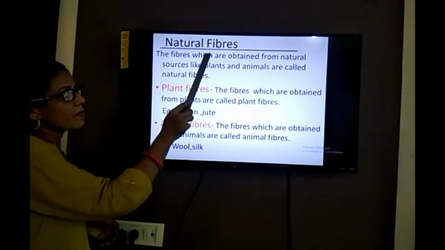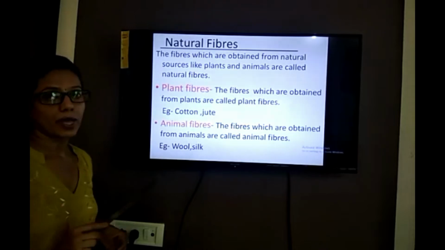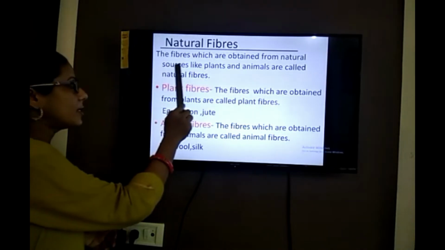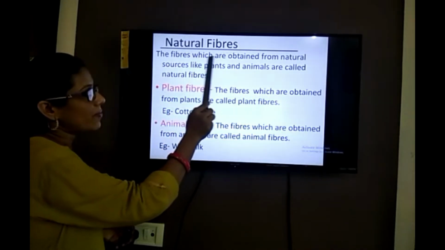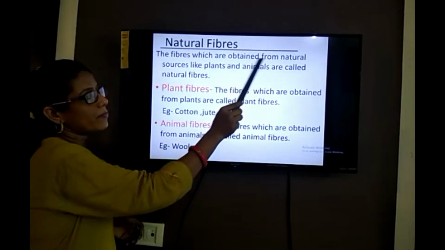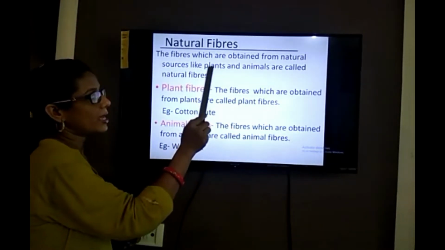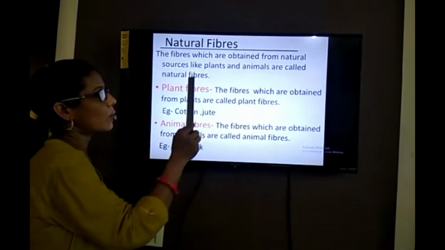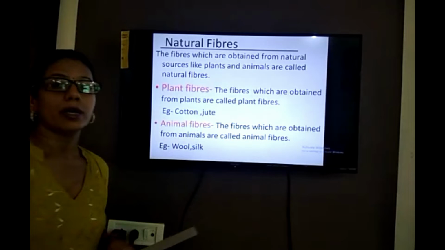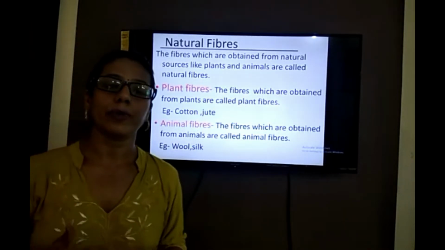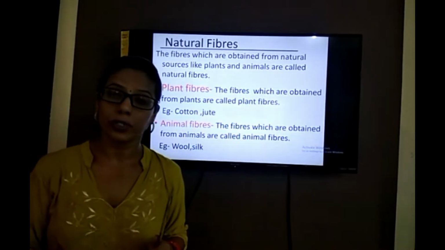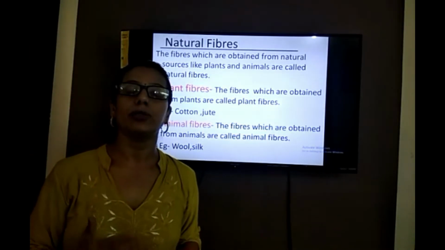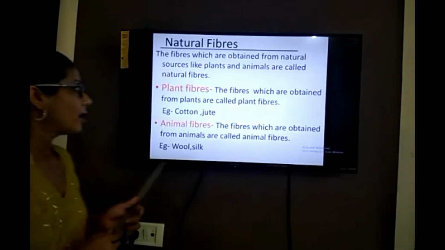The first type of fiber is natural fibers. Natural fibers are those obtained from natural sources like plants and animals. That's why these are known as natural fibers.